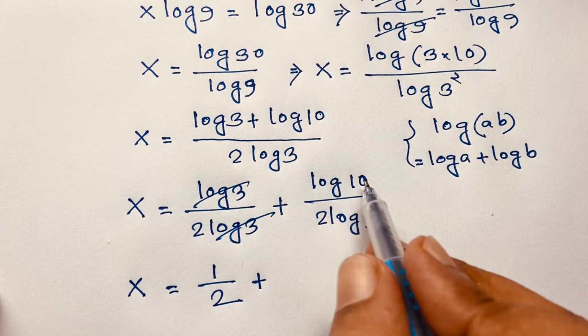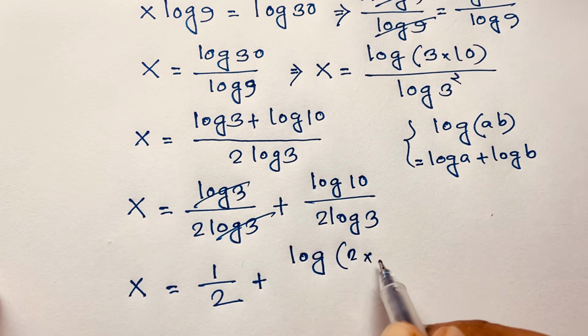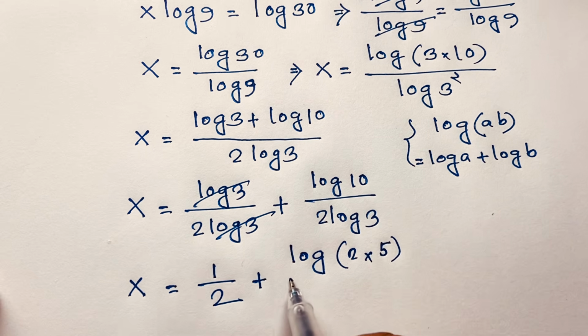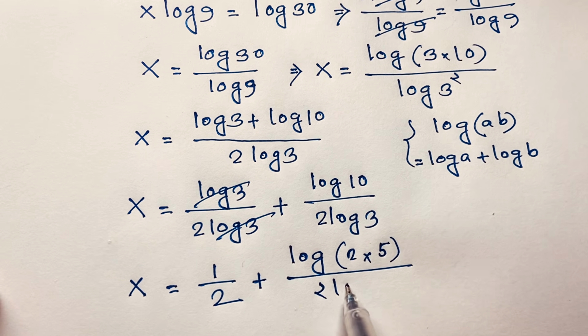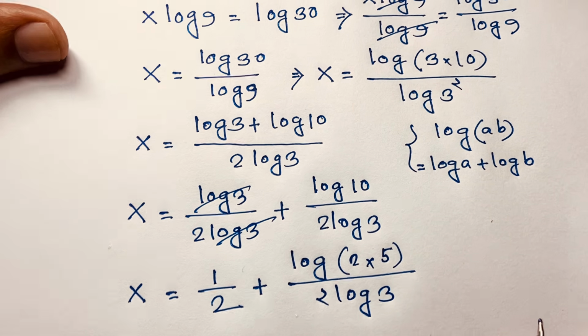So if I evaluate this expression again, it will be log (2 times 5). 2 times 5, this is 10. And here 2 log 3. Now I apply this math formula again here.